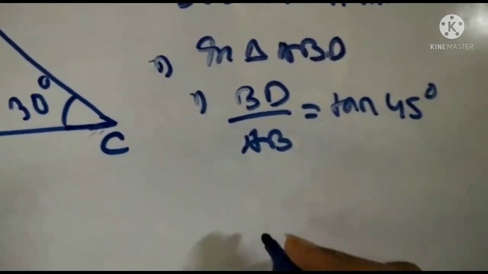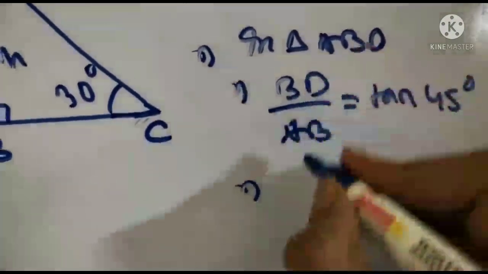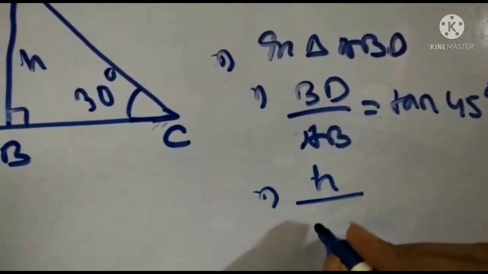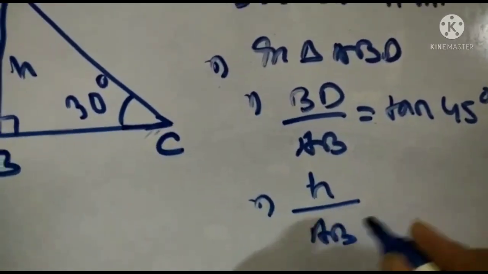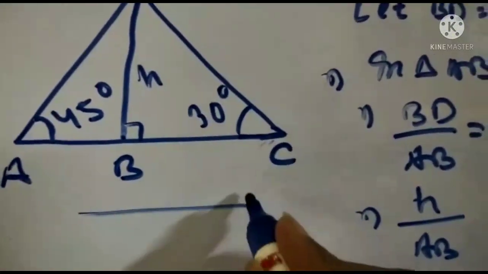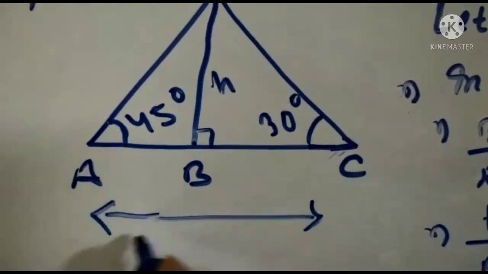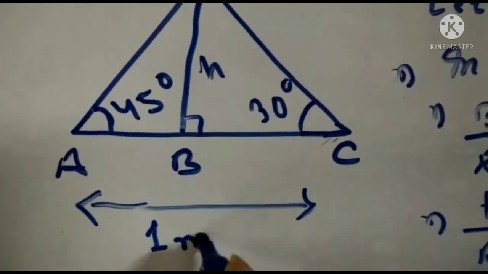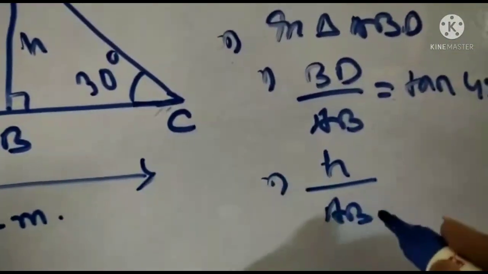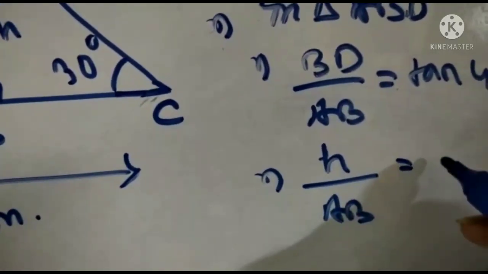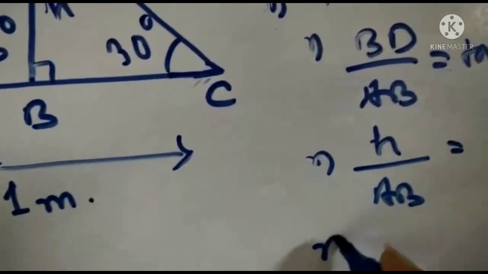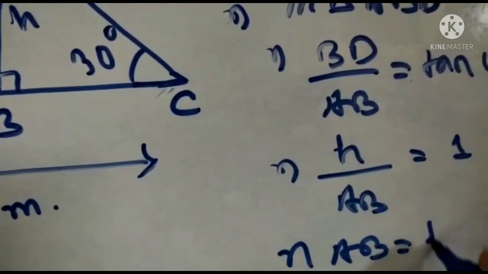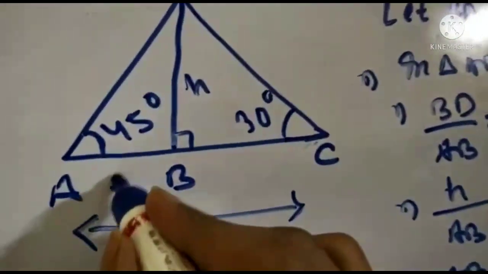Now BD we have taken H, and AB we don't know. I have told that we have to find AB and BC, and the complete length is given 1 meter. So H by AB is equal to tan 45 degree, which is 1. Therefore AB is equal to H. So AB we have got H.